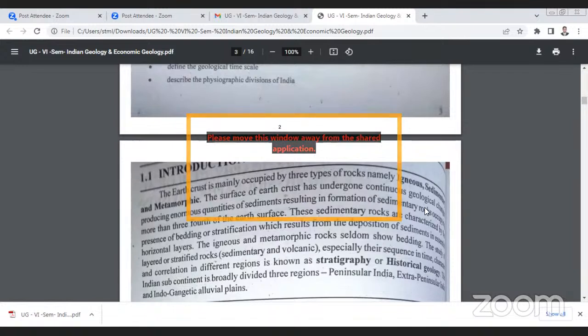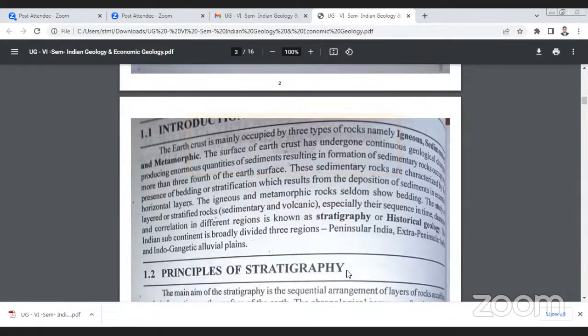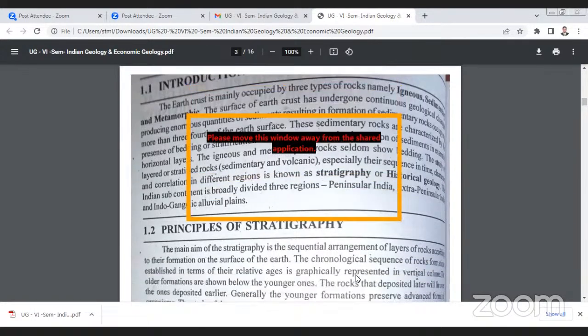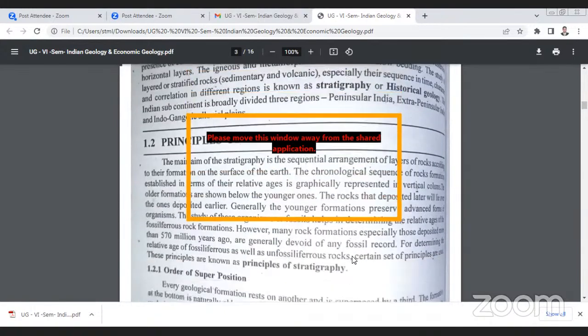Our Indian subcontinent is broadly divided into three regions. One is Peninsular India, the second is Extra-Peninsular India, and the third is the Gangetic alluvial plains.